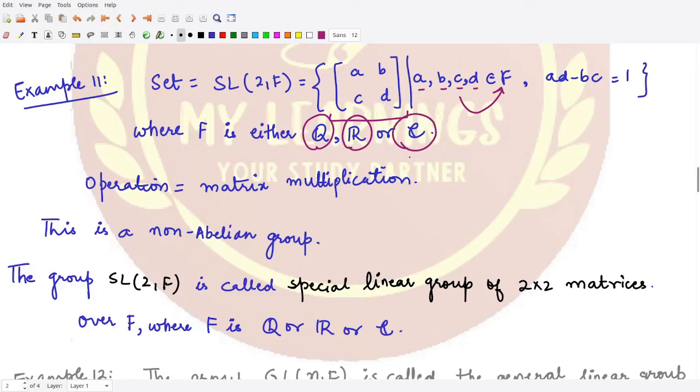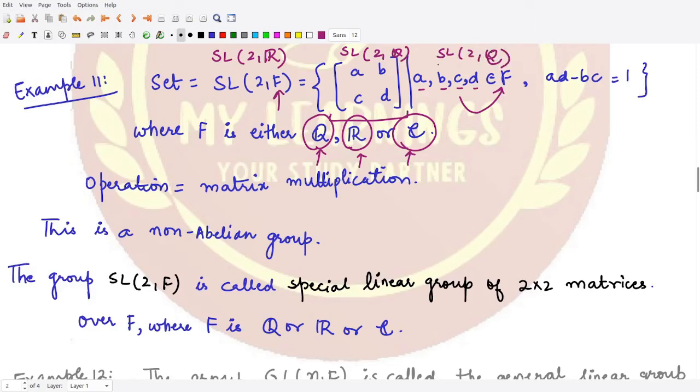So whichever set you are initially taking, either rationals, reals or complex, accordingly you will work further on the properties, right? So this F is a general term, it could represent anything. So SL2 comma R, it could be SL2 comma Q, right? It could be SL2 comma C, right?